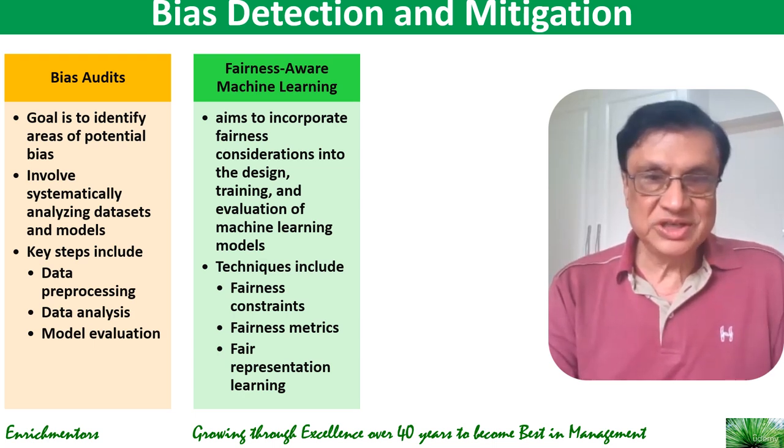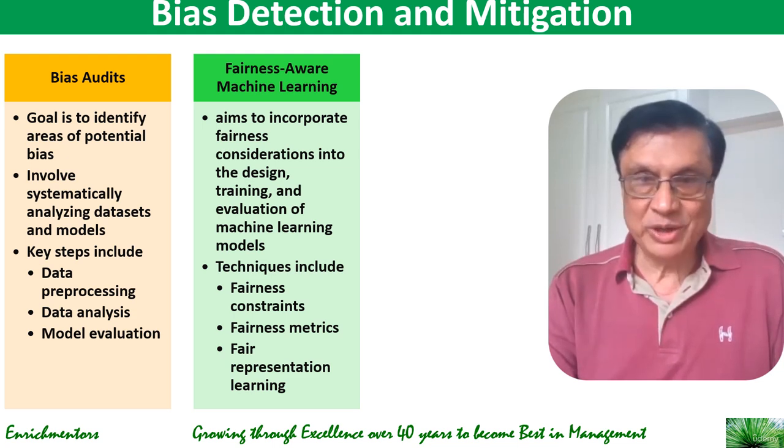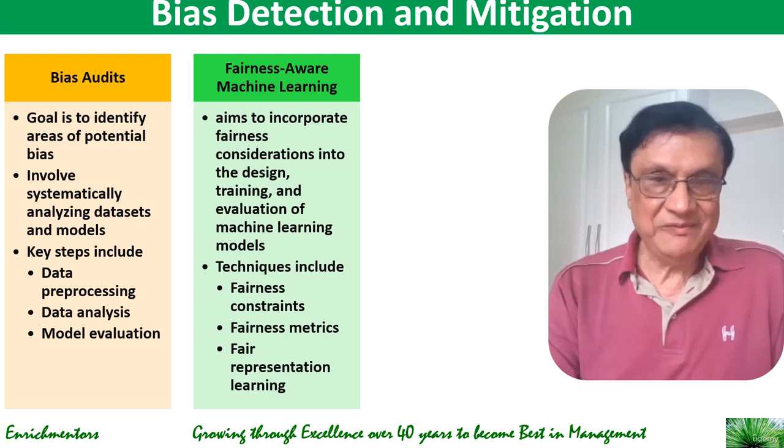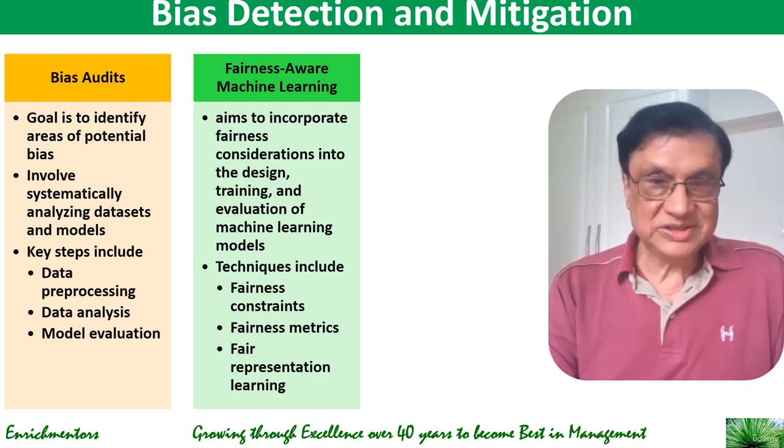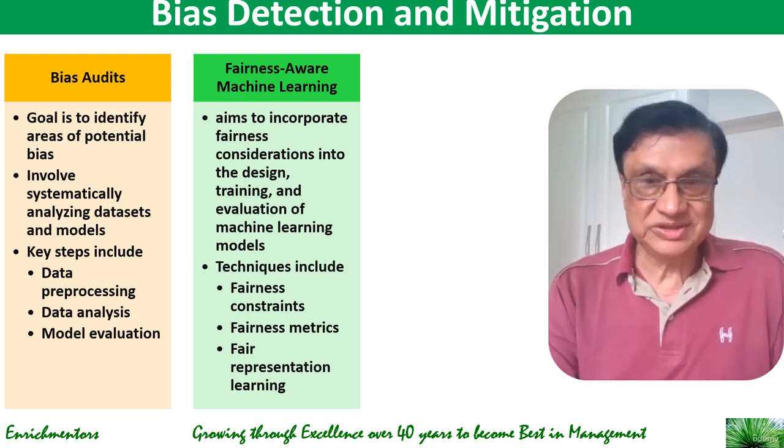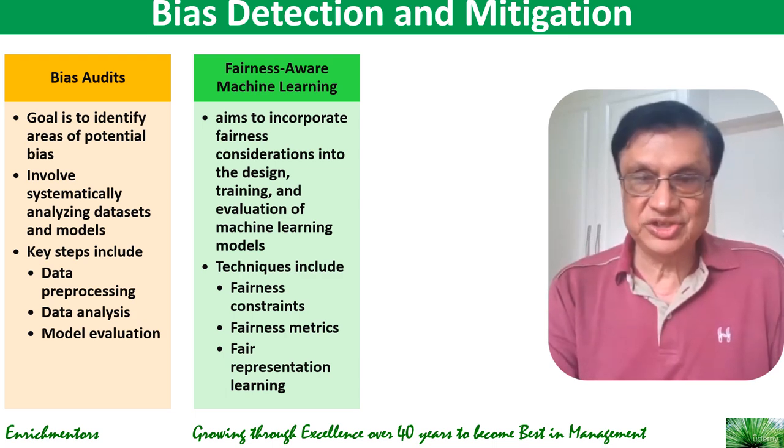Fairness metrics, like disparate impact, equalized odds, demographic parity, etc. And fair representation learning, where you learn a fair representation of data that minimizes discrimination while preserving utility for the downstream task. These fairness-aware machine learning approaches seek to mitigate biases and promote fairness in model prediction and decision making.